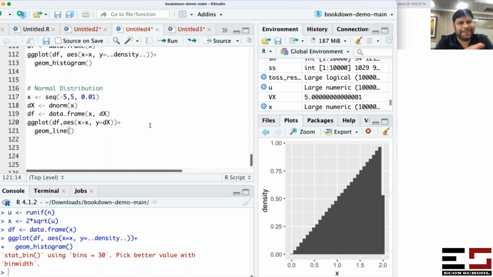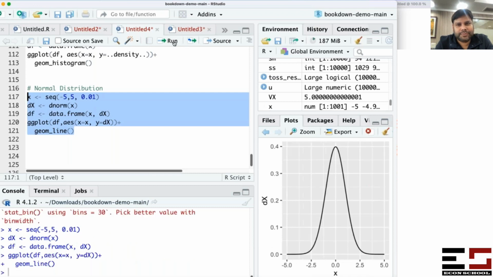The same thing will work. We have created the data with x and dx values, and let's run this. Can you see this? This is the plot of the standard normal density function.